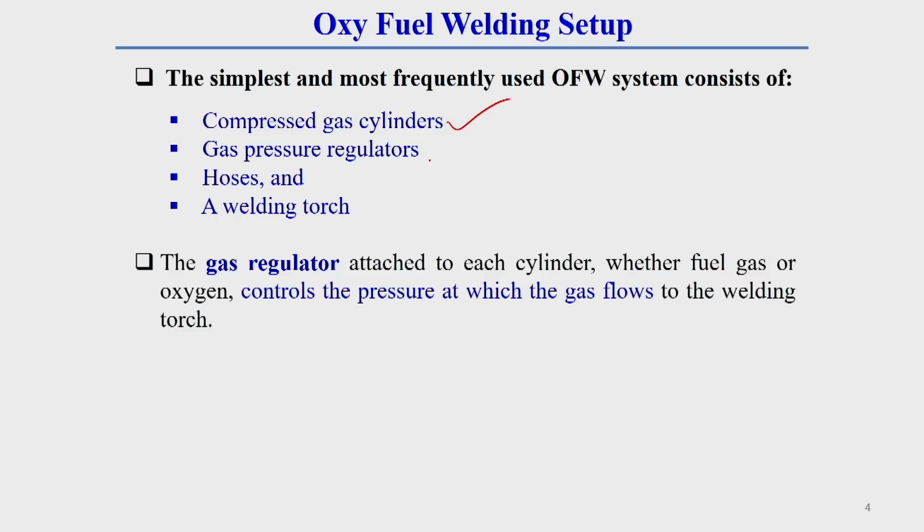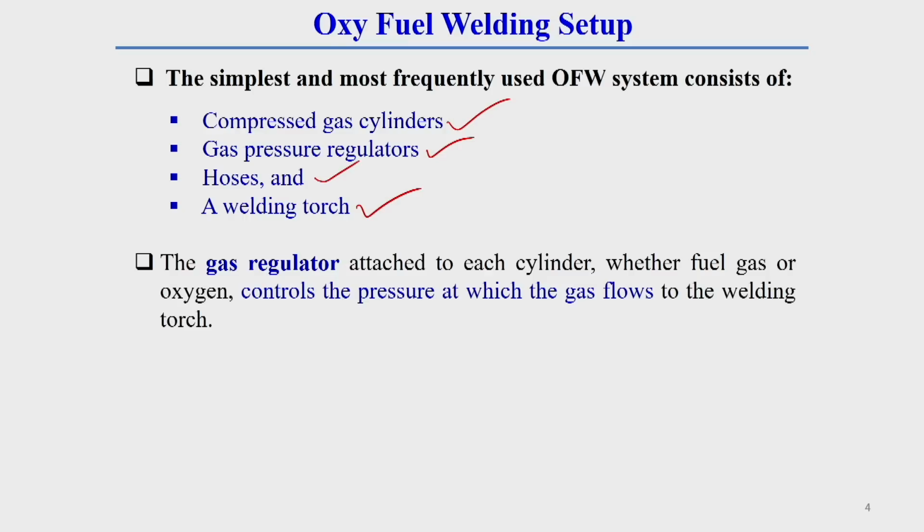Then gas pressure regulators, and as there are two cylinders, there are two gas pressure regulators. Then hoses, which are plastic or rubber pipes through which gas is supplied from the cylinder to the torch. And there is a welding torch. These are the main components of the oxy-fuel welding setup.